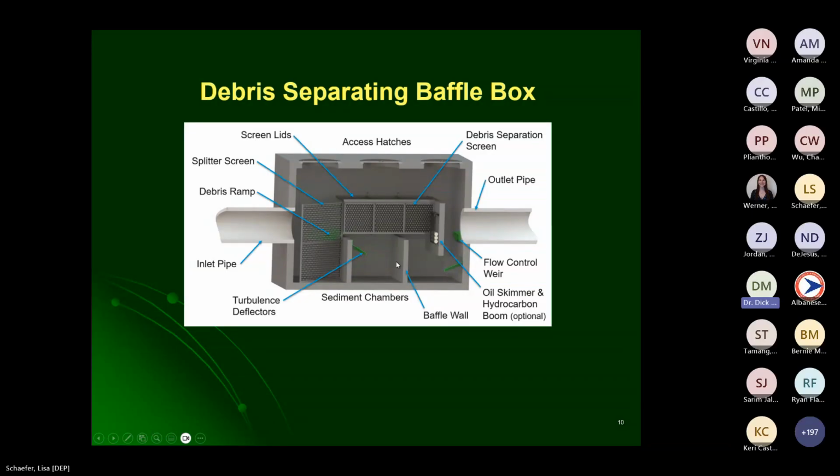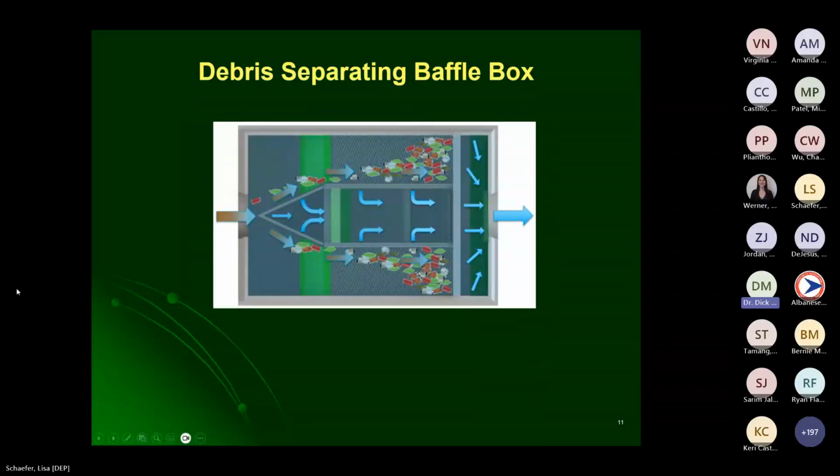Let's go to the next slide, which will give you another view, not from the plan view, but a view down. You'll see here that the stormwater comes in. It's diverted through the diversion at the beginning, which is a screened separator where heavy debris, trash, and other things collect on the top of screens on the side.